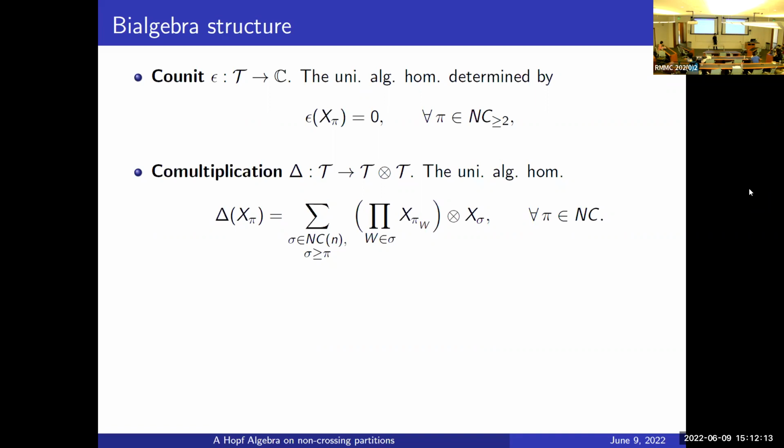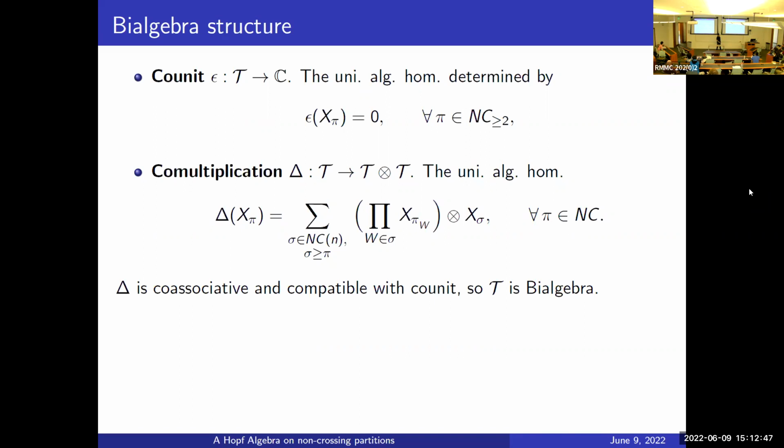If you remember the formula for the semi-multiplicative function, this is exactly doing this, right? On the right-hand side, I take sigmas bigger than pi, and on the left-hand side, I break the pi into the blocks of sigma and take restrictions. Here pi w means the restriction of the partition pi to the block w of sigma. Okay, good.